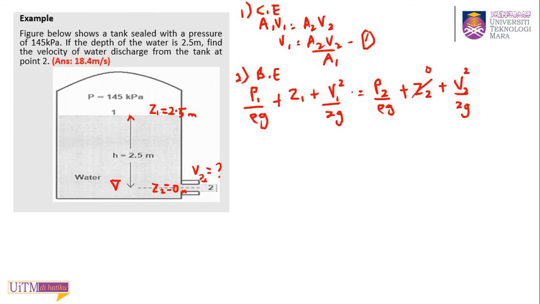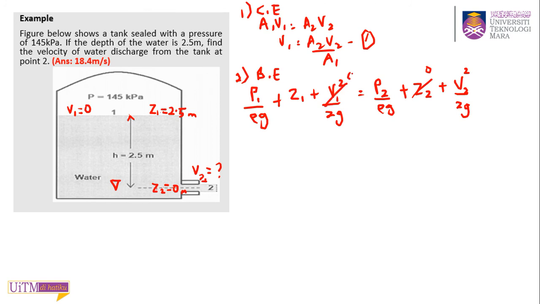Then I said V1 is 0. That's right. V1 is 0 because, as we discussed before in the lecture, this surface area is relatively large compared to the area at the opening where it discharges, so we can consider V1 here is 0.